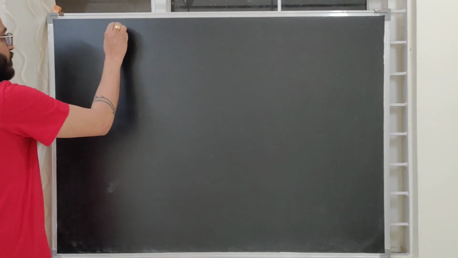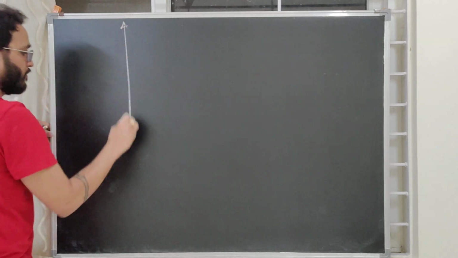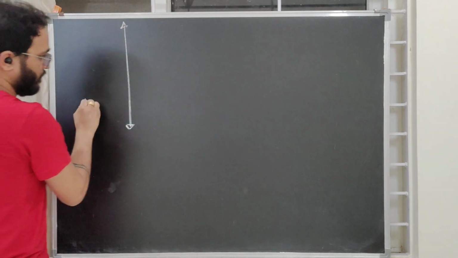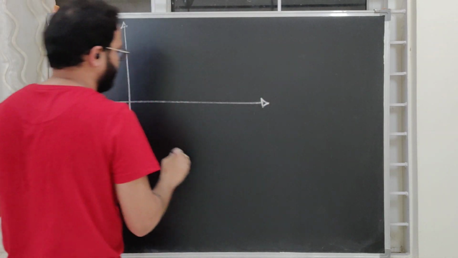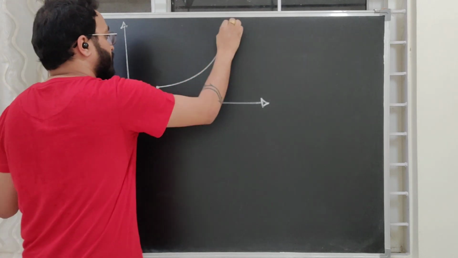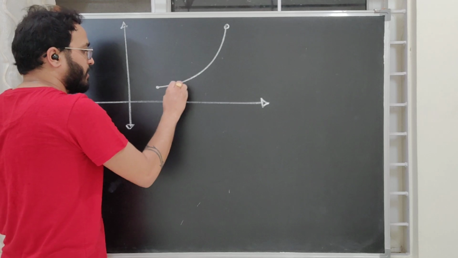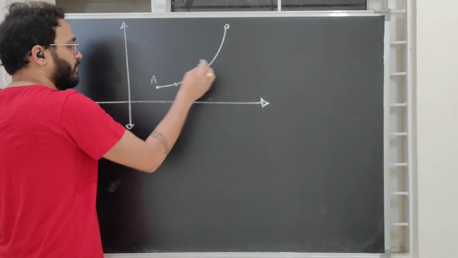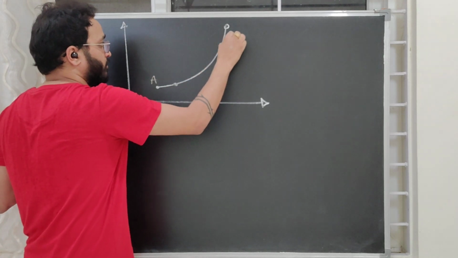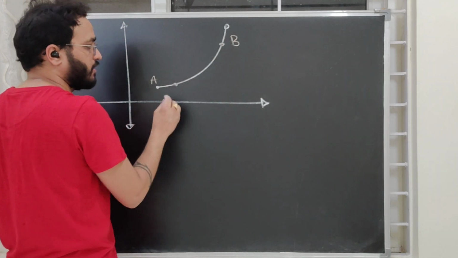Now let's understand, students. Suppose a curve is given like this, and we have taken 2 points. This is point A and this is point B, right?